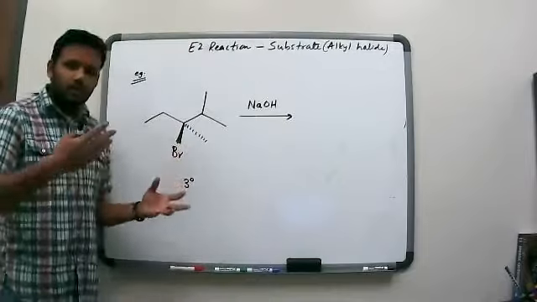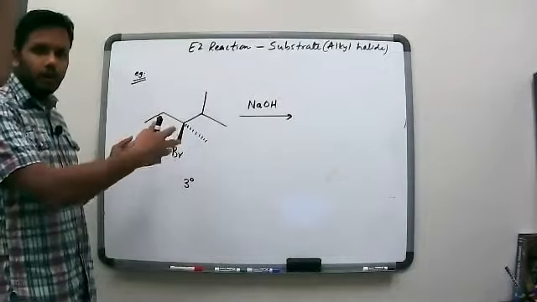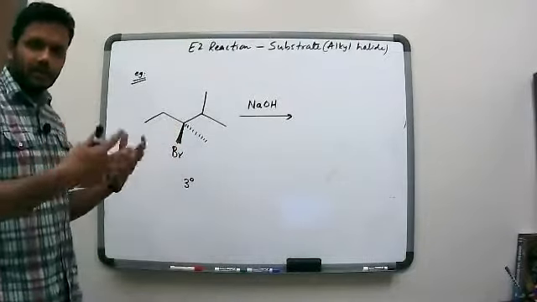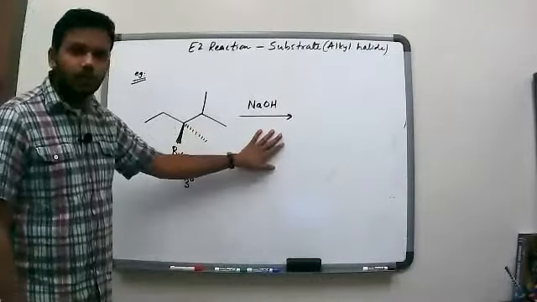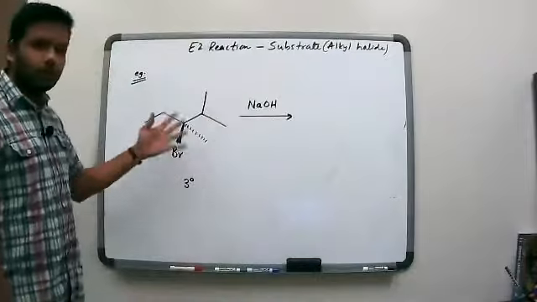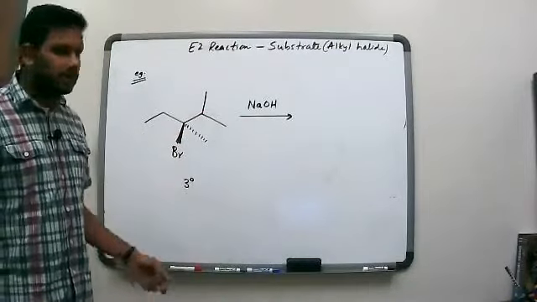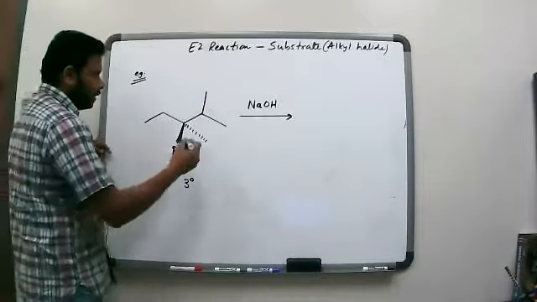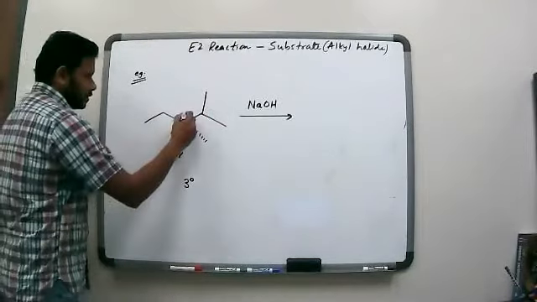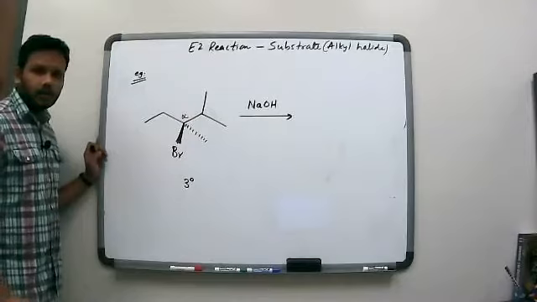So as you go through this material, you have to basically identify these things and be able to do it. So in a situation like this, even if I don't show you the water and the heat, you should know that this is an E2 reaction, because there's no SN2 possible. Okay. So in this particular case, this is our alpha carbon.